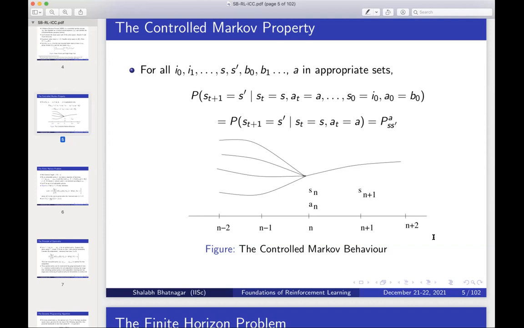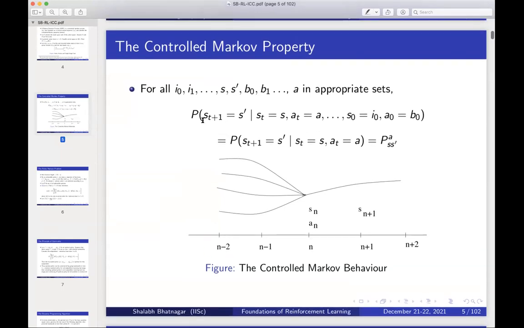Now the point is the transition probabilities. The probability of going from state S and action A into state S prime is given by this. That's all I'm saying.